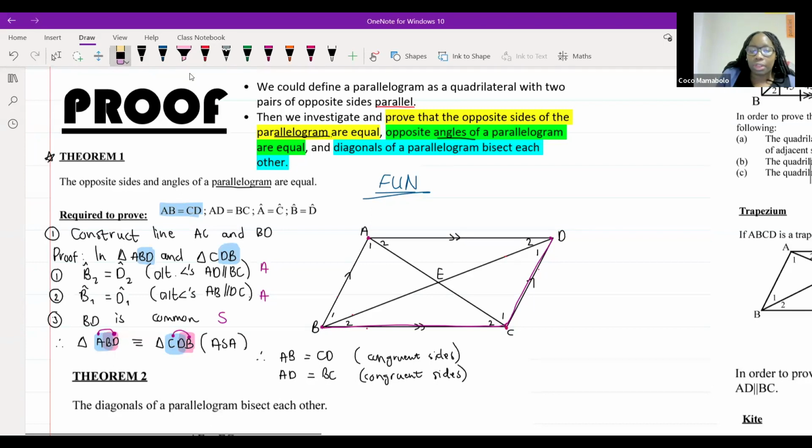We can also then look at each of these angles. I'm going to quickly remove some of the stuff and put them back in there. This is CDB, and that was ABD. From that, we can then also say that angle A is equal to which angle?